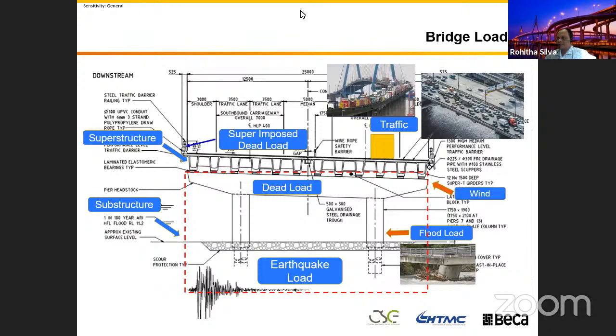And I think you saw this slide 2 weeks ago as well, the bridge loads. We are designing a bridge for so many different loads. Those loads include the weight of the structure. We categorize them as dead load and superimposed dead load. Bridges we primarily design for traffic load. You can see these traffic loads from these pictures. In addition to this, bridges are built in many different places, sometimes in the middle of the sea, sometimes in a valley, sometimes in the middle of the city.